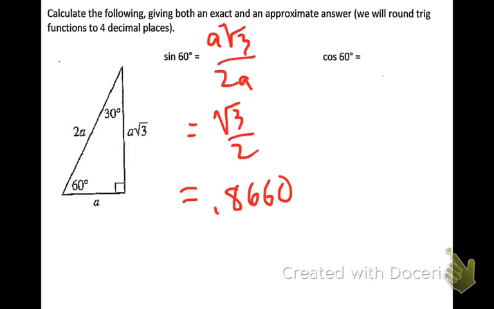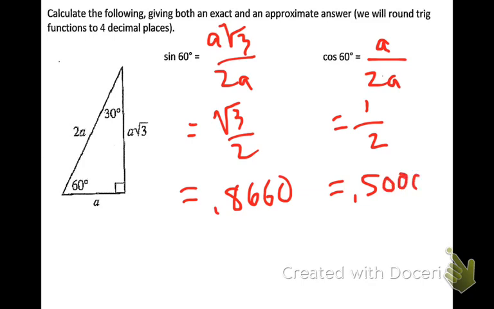No, that's opposite. Adjacent means next to. A. So A goes on top. What's the hypotenuse? 2A. Right. So when we simplify that, it equals 1/2, which is equal to 0.5000.